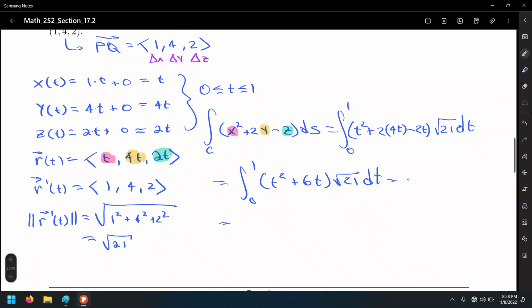And that's square root of 21 times t cubed over 3 plus 3t squared, evaluated from 0 to 1, and after doing the evaluation, that should give us 10 square root of 21 over 3.